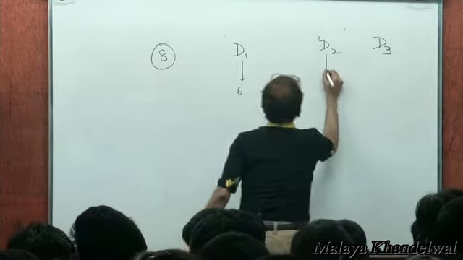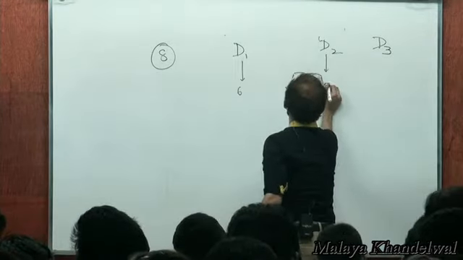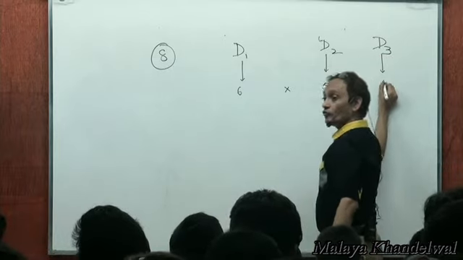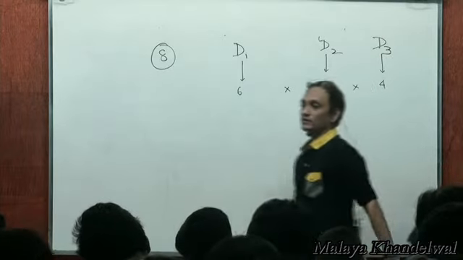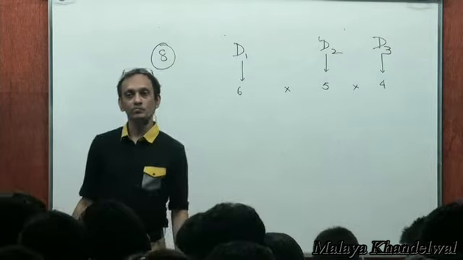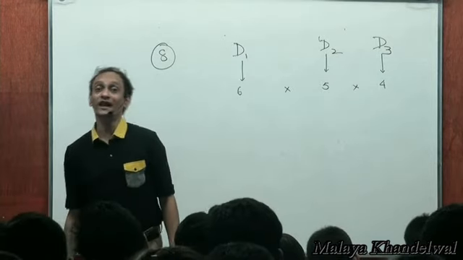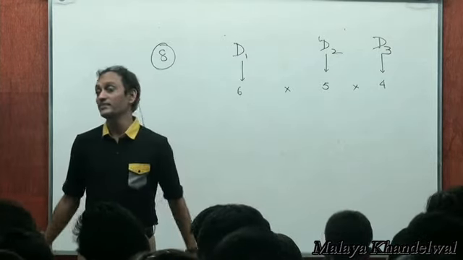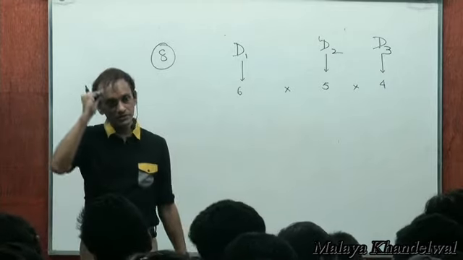So D2 would be only 5 ways and D3 would only be 4 ways. So this way you will have all the 3 dice giving you different numbers, right?